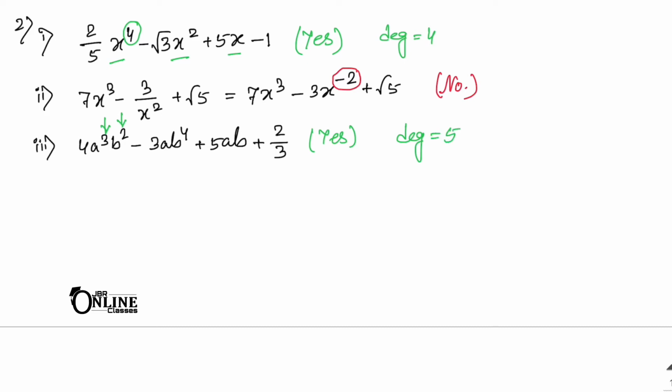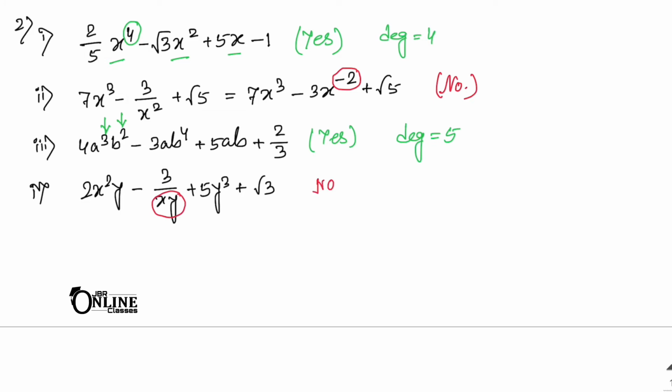So your answer will be degree equal to 5. Now next, number 4. Here 2x square y minus 3 by xy plus 5y cube plus root 3. So that means again here the power of xy is negative.